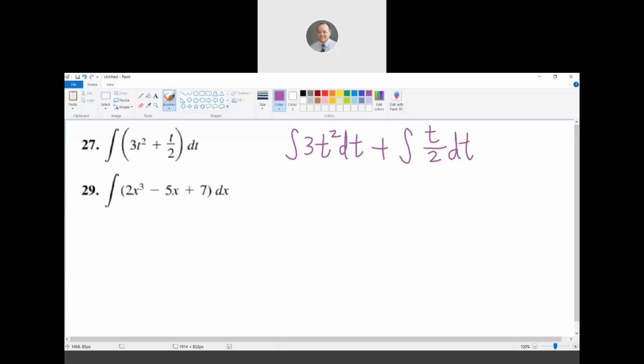A couple of things we can do before taking each antiderivative. Move the 3 outside the integral sign, and do the same thing with the 1/2.